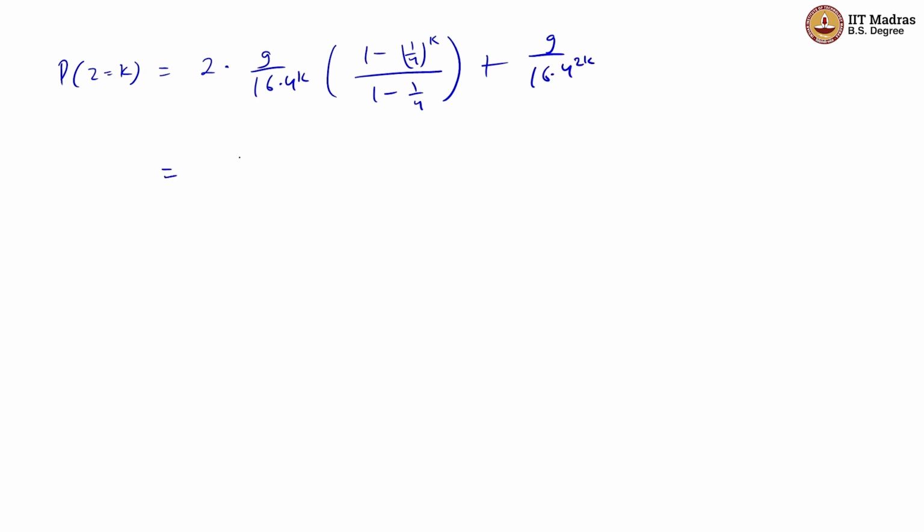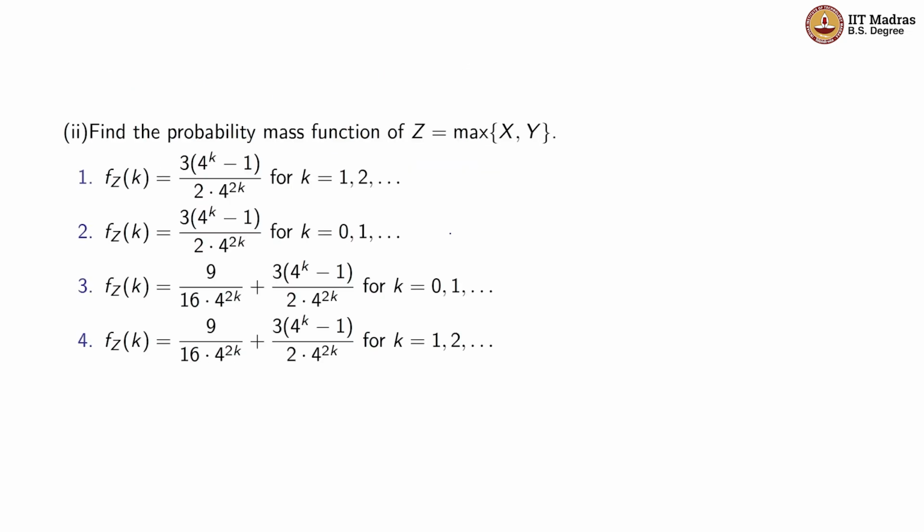On further simplification, we have 9 by 16 into 4 raised to the power 2k plus 3 into 4 raised to the power k minus 1 divided by 2 into 4 raised to the power 2k. So this is the required PMF of max of x and y. So option 3 is correct.